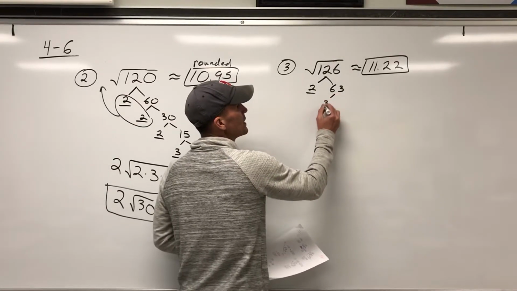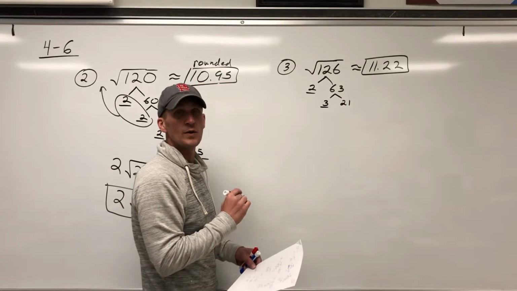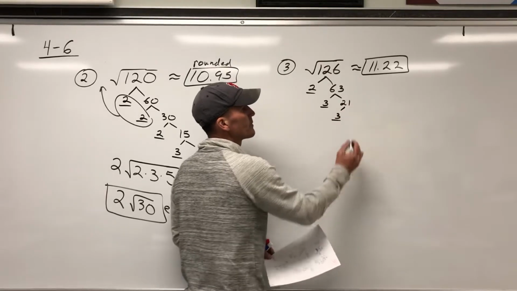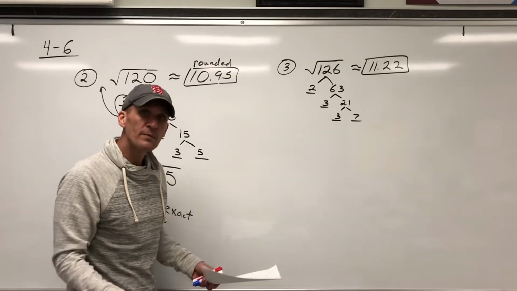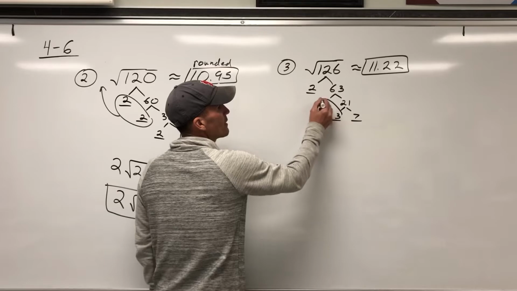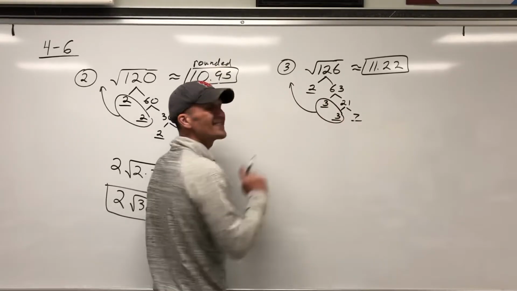So it's 3 prime number times 21. 21 is also a composite number that's divisible by 3. So it'll be 3 prime number times 7 prime number. So now I look at all my prime numbers, and if I have a pair, they come out as a single. So I have a pair of 3s that get to come out, but the 2 is trapped and the 7 is trapped.